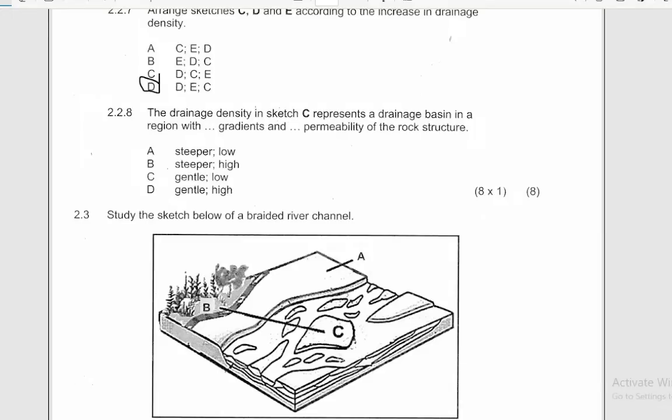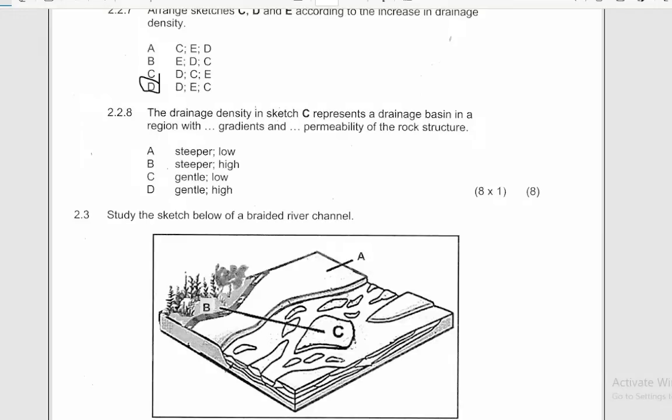And looking in terms of permeability, we are saying the underlying rocks allow moisture or rainwater to filter into groundwater storage. If the rocks are disallowing, it means in that particular area we tend to have a high drainage density because much of the water cannot get into groundwater storage, but rather it finds its way on the surface, creating more streams.